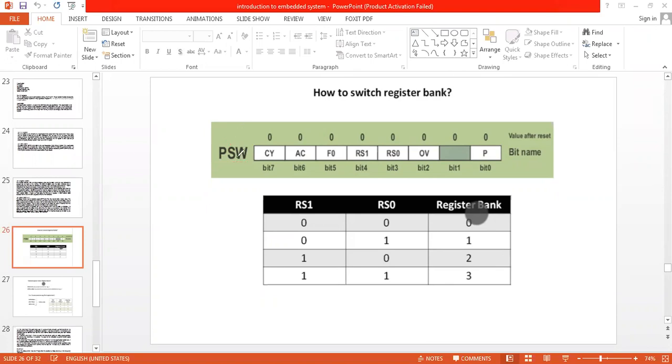So we have one more register, which is called PSW. PSW stands for Program Status Word. Have you gone through this register PSW in computer organization? Okay, no. Fine.